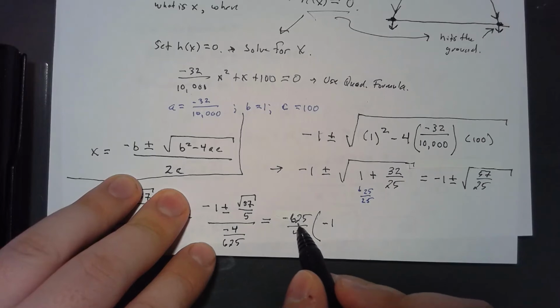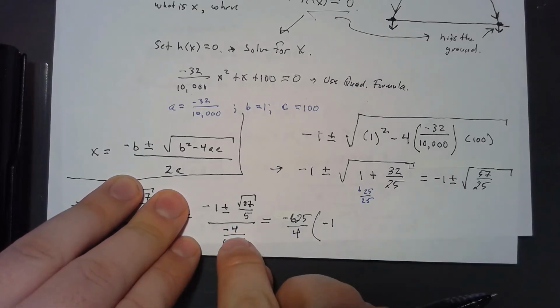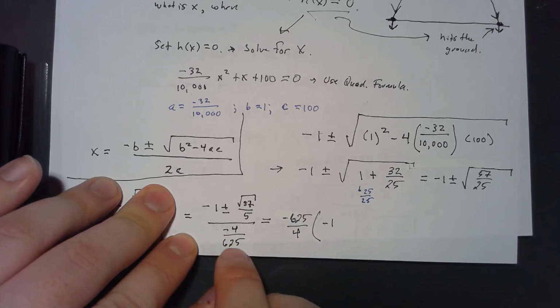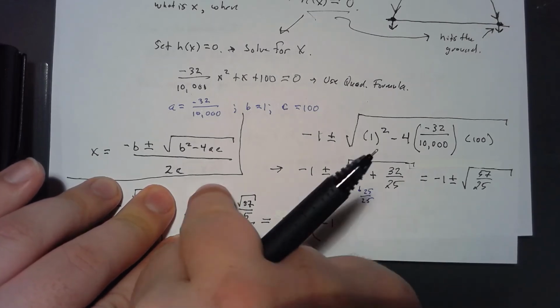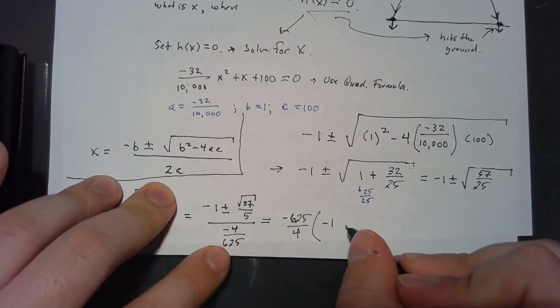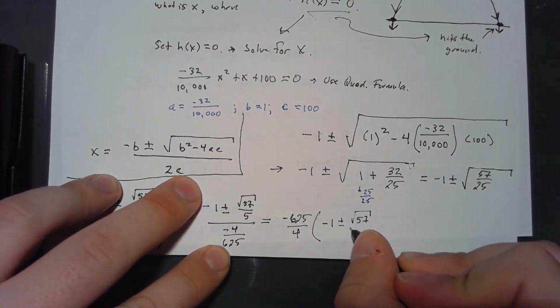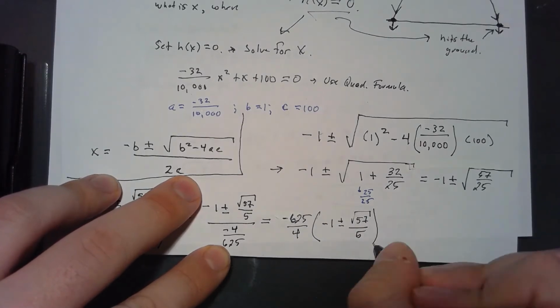I'm going to have negative 625 over 4 up top, times the numerator, which is negative 1 plus or minus the square root of 57 over 5.